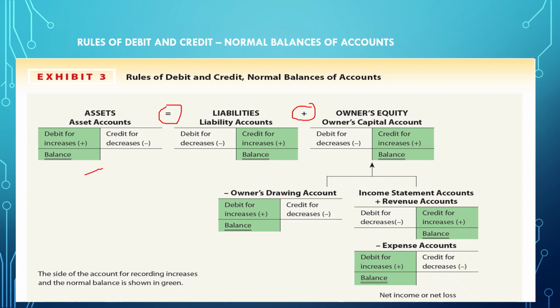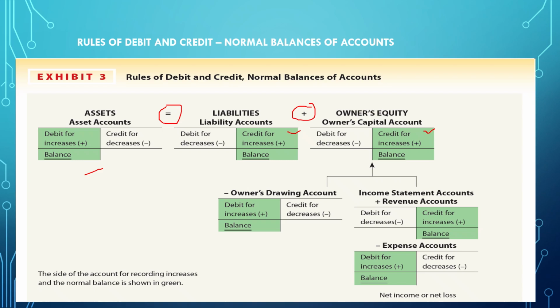And the normal side of the liabilities and owner's equity are in the credit because it's in the right side of the equal sign. And its opposite side is its decrease side. Okay? So for assets, it's the credit. For liabilities, it's the debit.